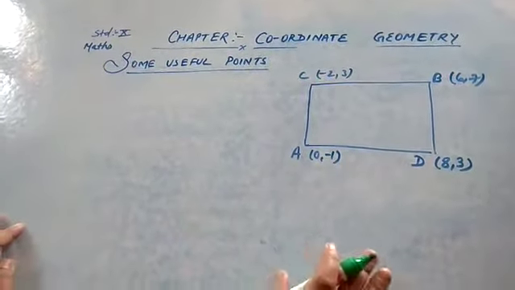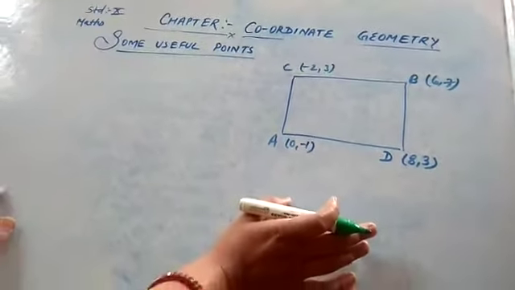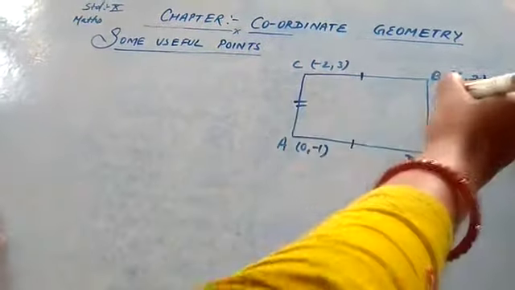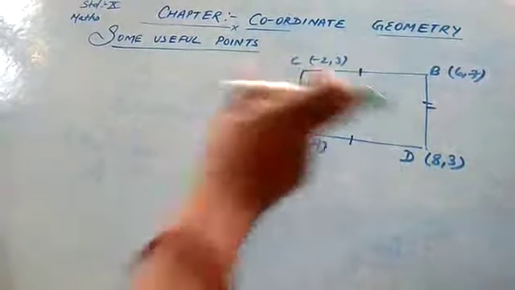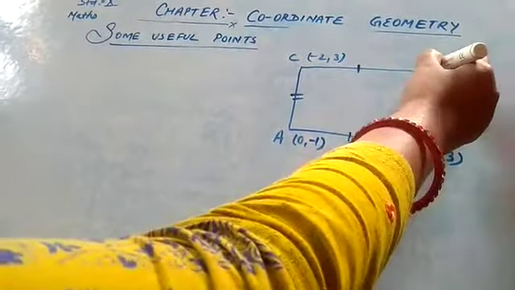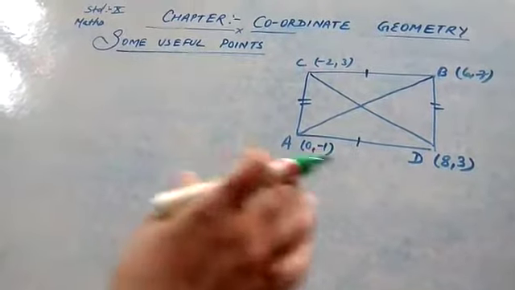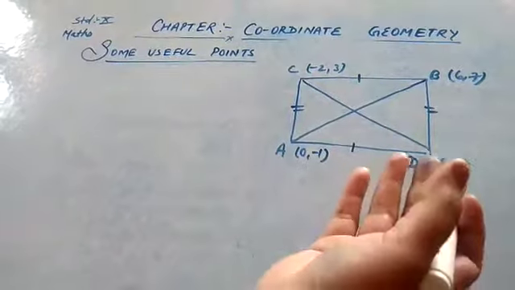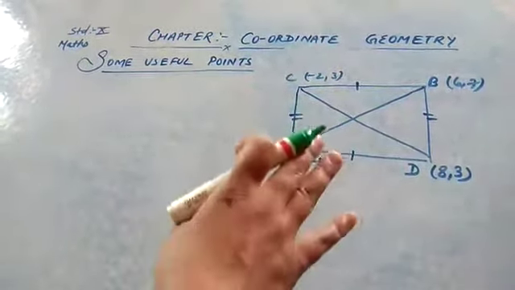So dear student, if we have to prove that this quadrilateral is a rectangle, in that case, we need to prove that its opposite sides are equal. Means we have to prove that AD is equal to BC and AC is equal to BD. And with that, we also have to prove that its diagonals are also equal.